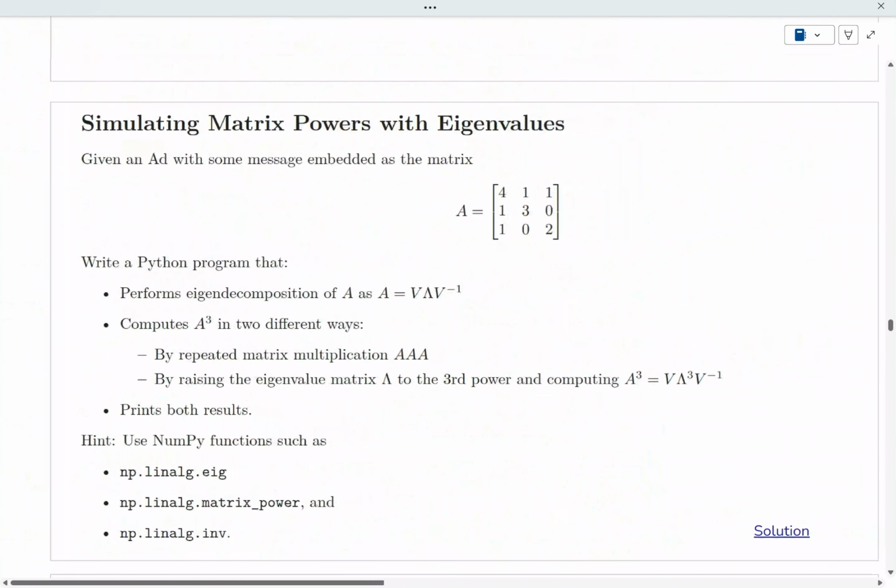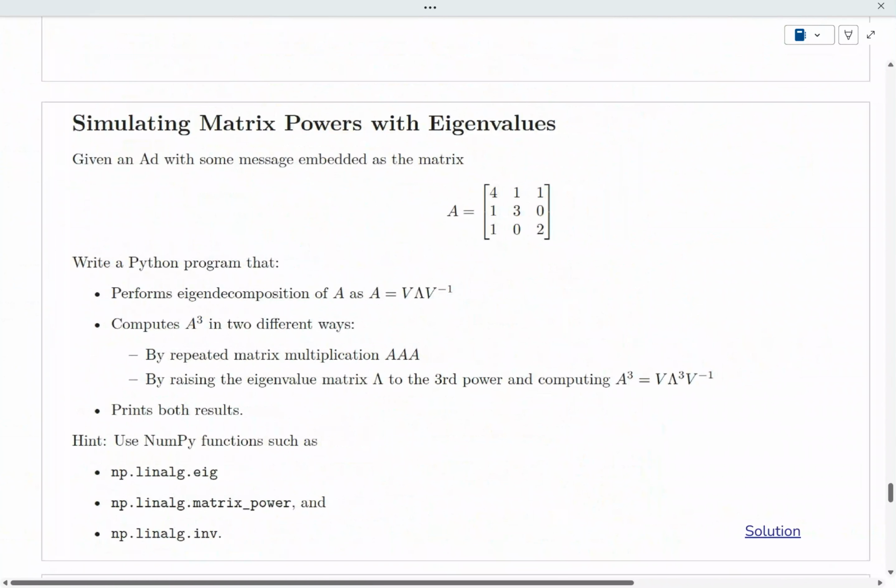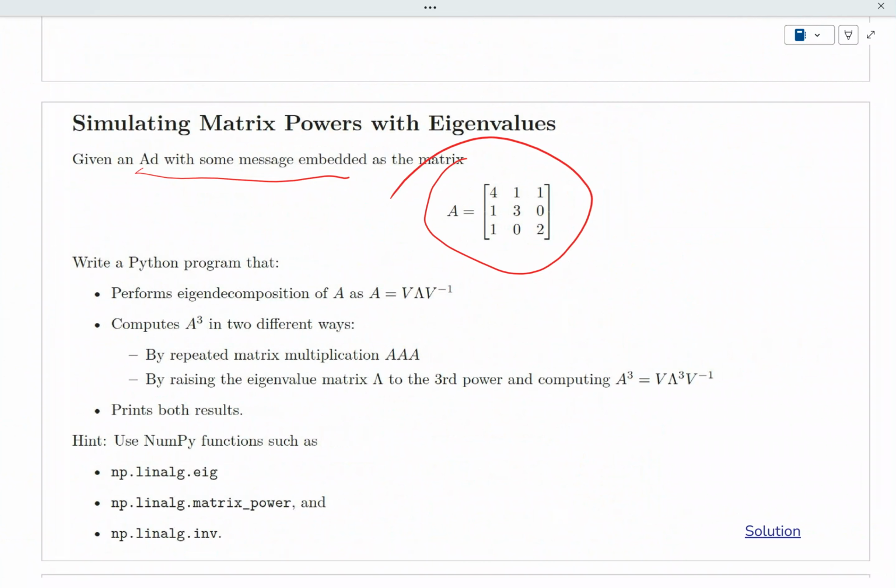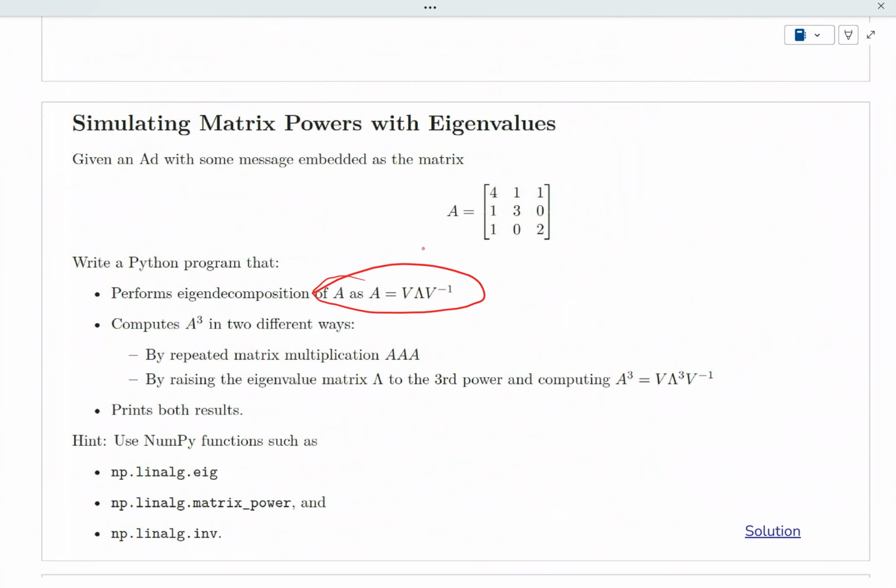All right, let's do simulating matrix power with eigenvalues. Let's say we have some matrix A, and this is the matrix, and you want to write a Python program and perform eigendecomposition or diagonalization. And then what I want you to do is to compute A cubed in two different ways.